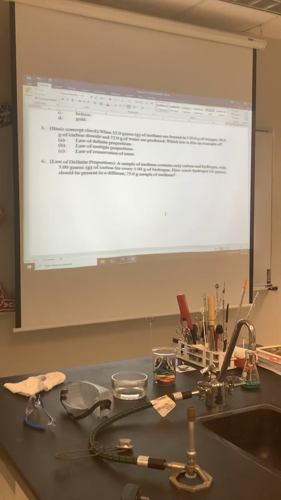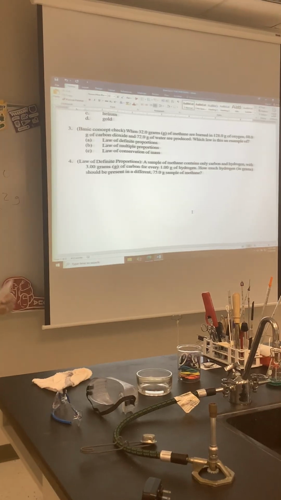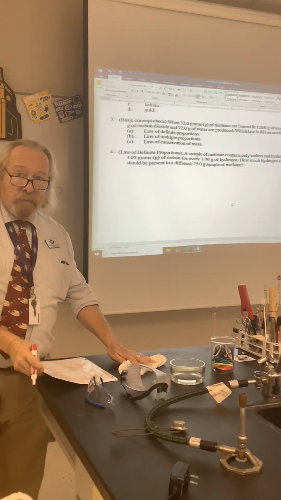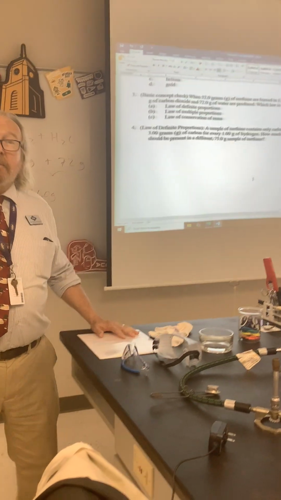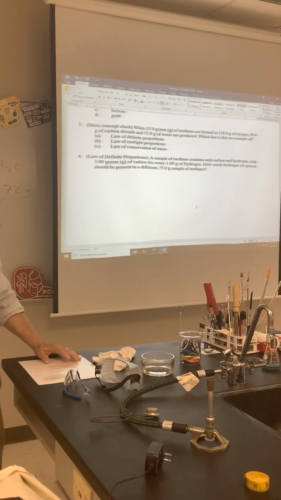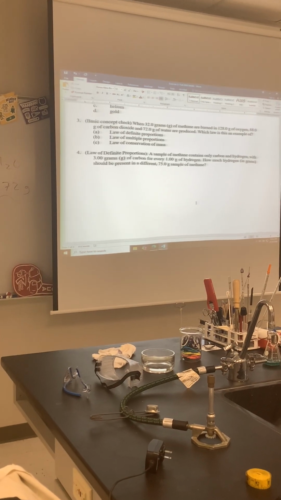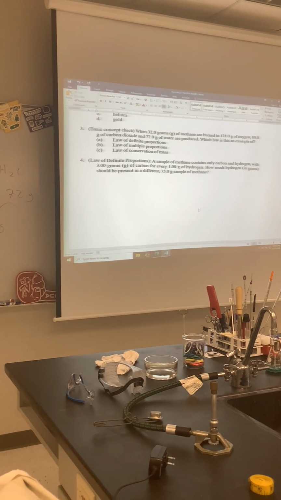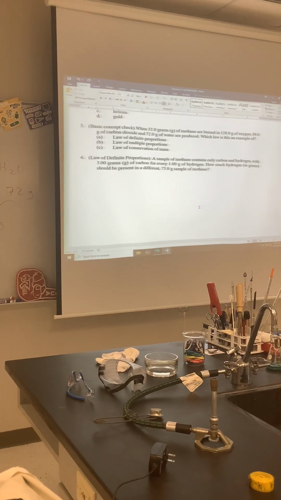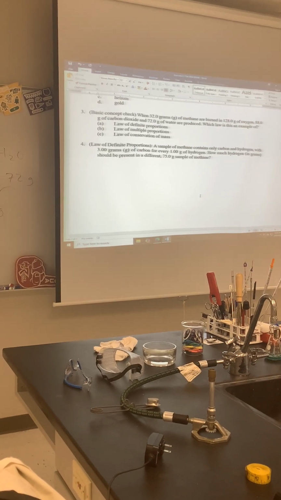Again, we end up with 160 grams because the mass of the reactants equals the mass of the products, okay? Matter is neither created nor destroyed, and this is called the law of conservation of mass. In this particular example in C, yours may be different.